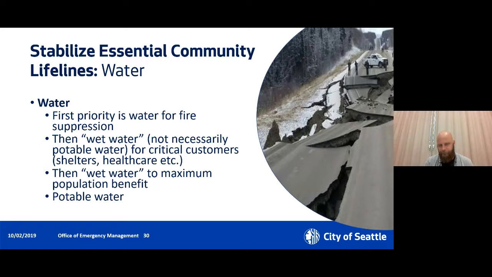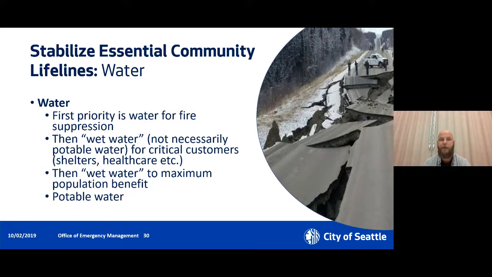The next priority is what we said there, wet water, which is not necessarily potable water. It is just water. And that is getting some water to critical customers. So we're talking about those shelters, we're talking about healthcare institutions. And the goal here is to get water out. We may not be able to ensure that water is clean and potable, but that's where we're going to be putting out information about the need to boil water or treat water before using. And then the next priority is that wet water, not necessarily potable water, to maximum population benefit.